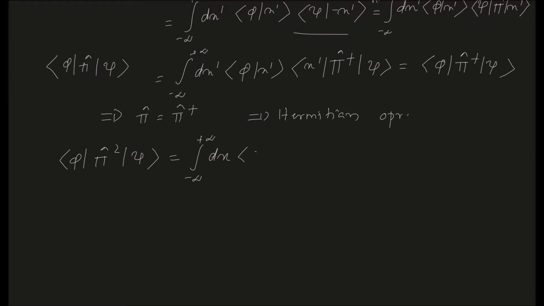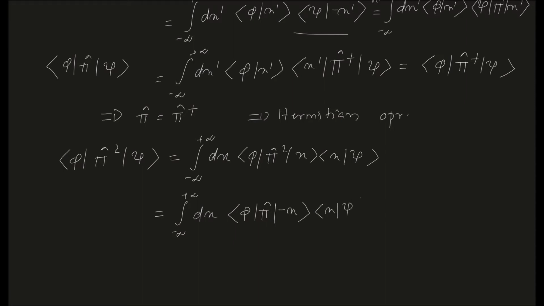So this is ∫dx ⟨φ|π²|x⟩⟨x|ψ⟩. When π acts once, you will get −x here.